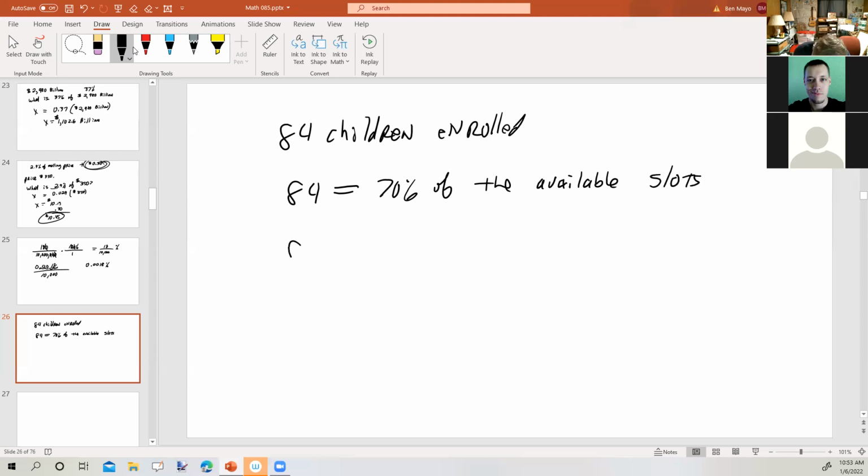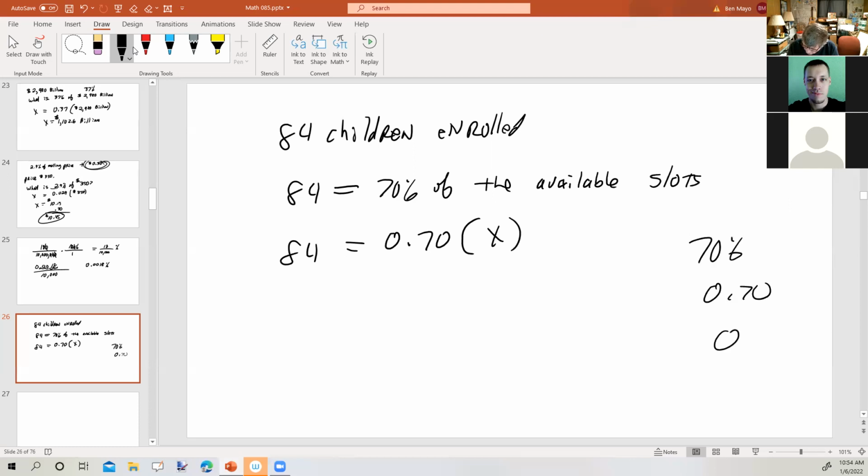So 84 is 0.70 times the unknown available slots. Now, you could write 70% as 0.70. You could also write it as 0.7. Either way works. Okay. So now I'm going to divide both sides by 0.70.